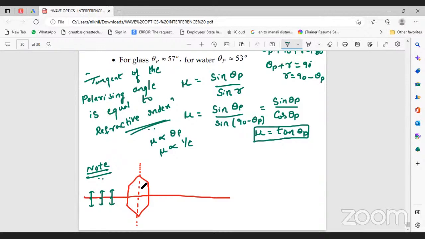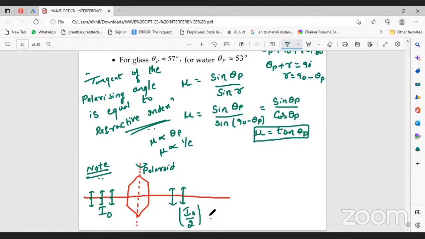Now, after coming through this tourmaline crystal, it is completely polarized, right? Yes, sir. And I'm going to rotate this polaroid. If I naught is the intensity of the unpolarized light, please remember, after emerging from this polaroid, the intensity will become I naught divided by 2.